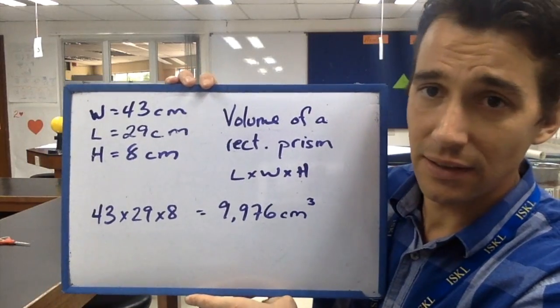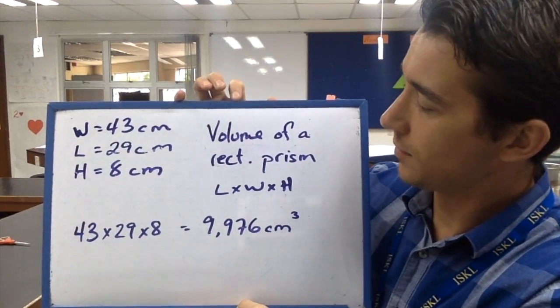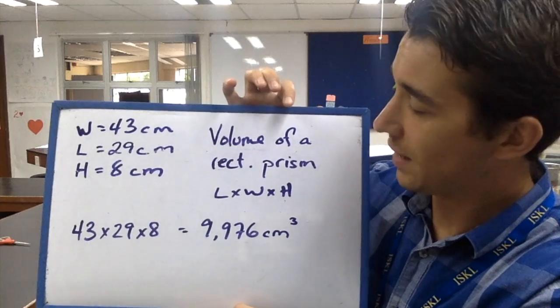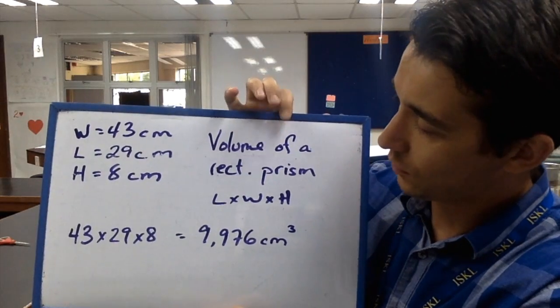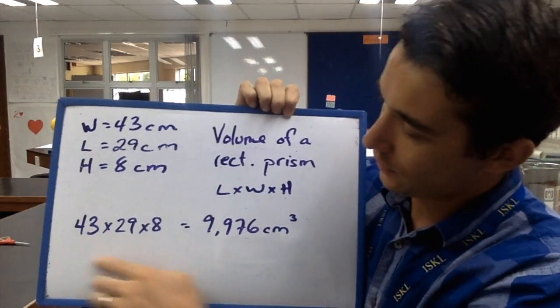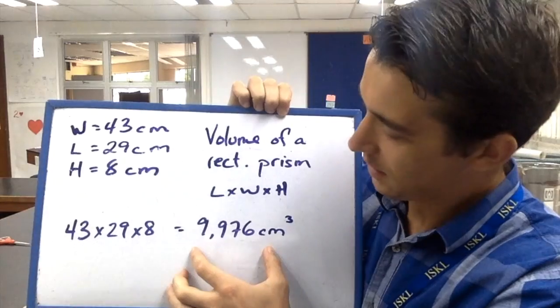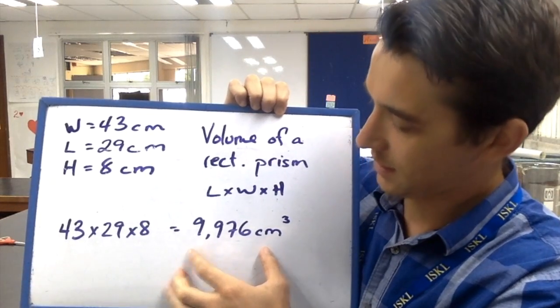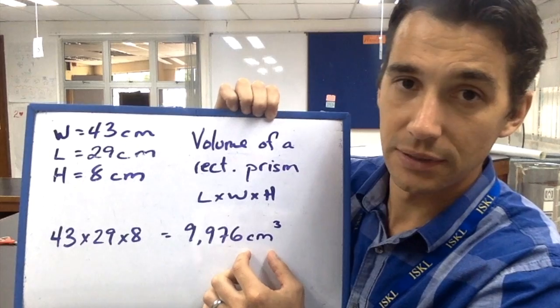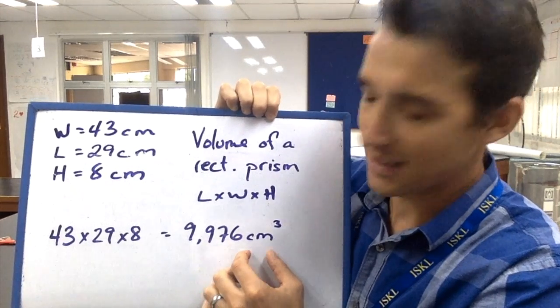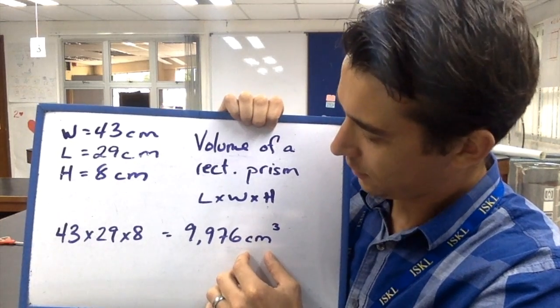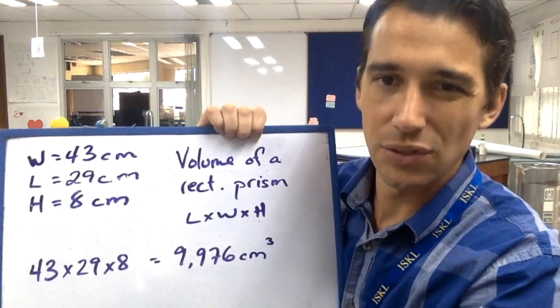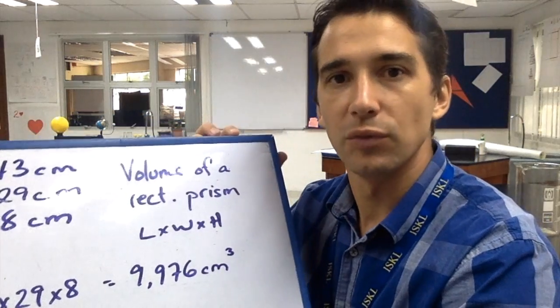You can see here that I knew that the volume of a rectangular prism was found by multiplying the length and the width and the height, and did that over here, and my answer came out to 9,976 centimeters cubed.